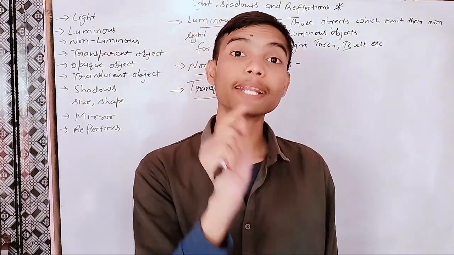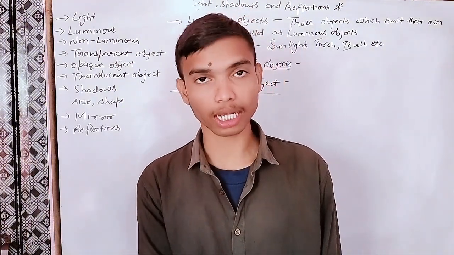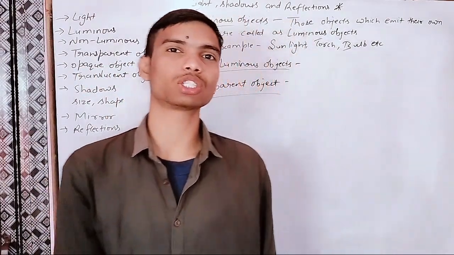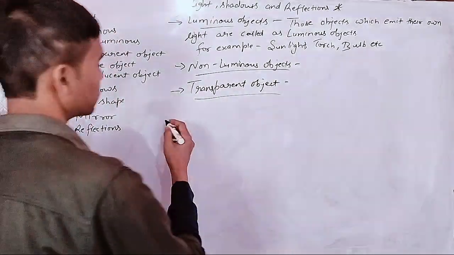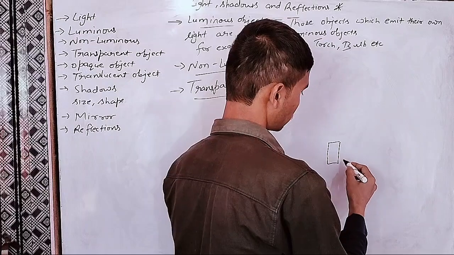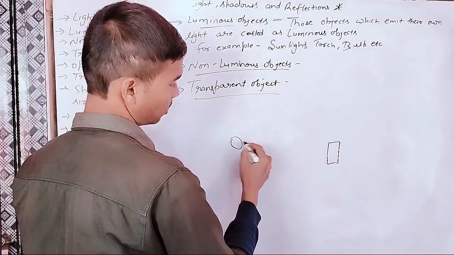That's why any person is able to see the area behind a transparent object, because light is passing through the object. That's why. Clear? This is the object. Clear? Source of light.